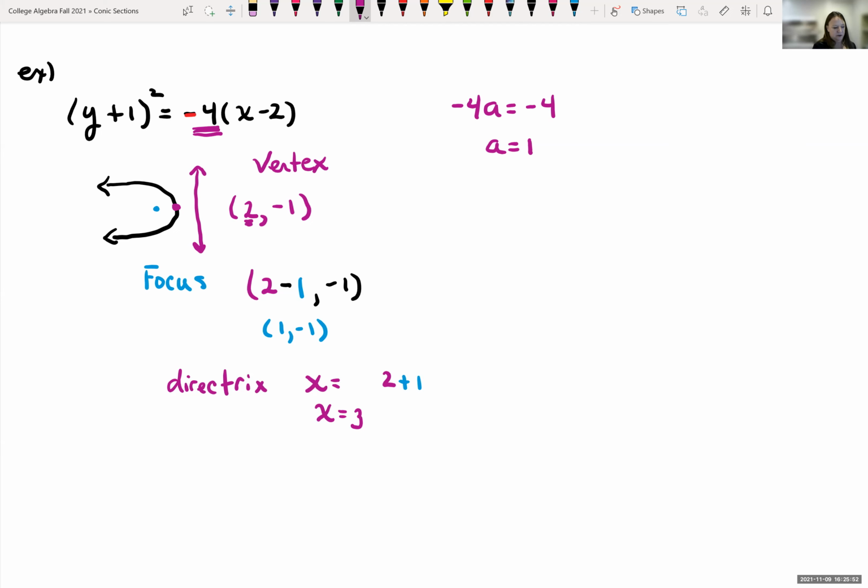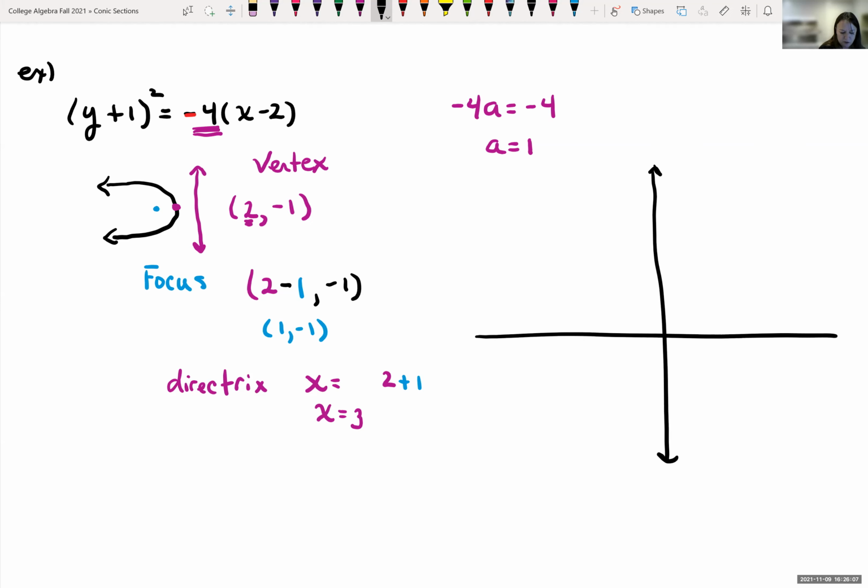This really doesn't tell me how wide this is, and so I might want to find some extra information to help me graph this. But so far we have that our vertex is at the point (2, -1), so I'm going to go to the right 2 and down 1.